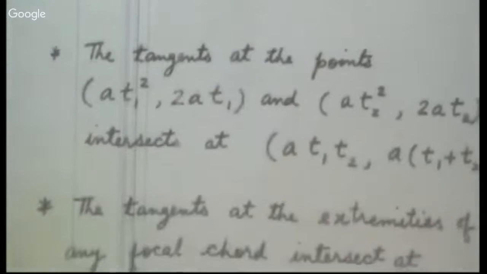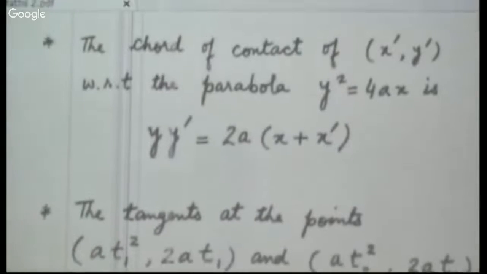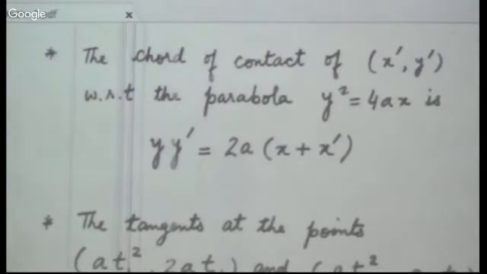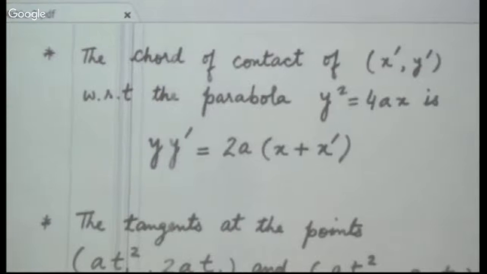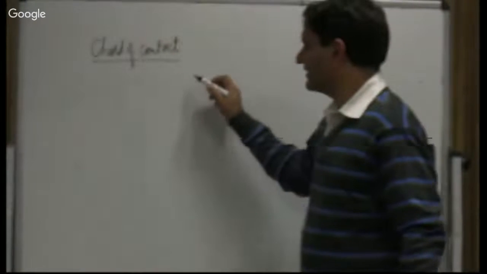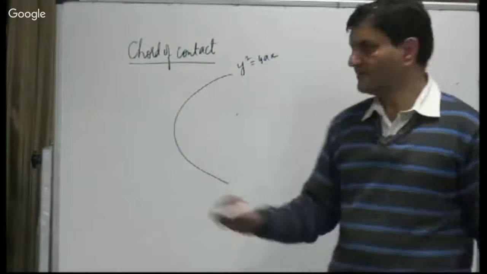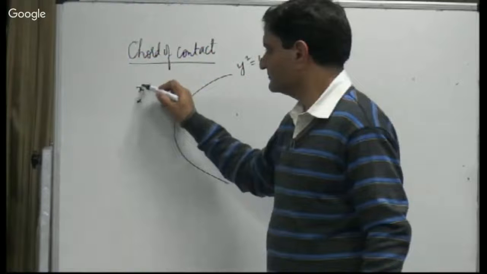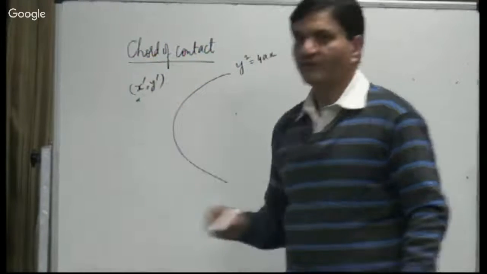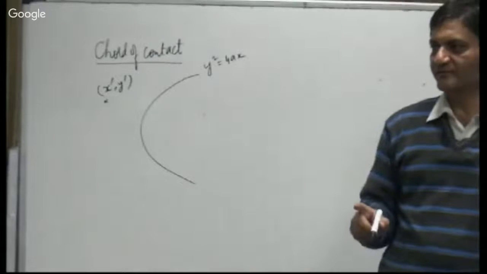Yeah. The chord of contact of the point x dash y dash with respect to the parabola y square equal to 4ax is, what is this? y y dash is equal to 2a times x plus x dash. It is nothing but T equal to 0. So, and what is chord of contact? Chord of contact is, see if this is the parabola, there is a point x dash y dash. From this point you draw two tangents, right?